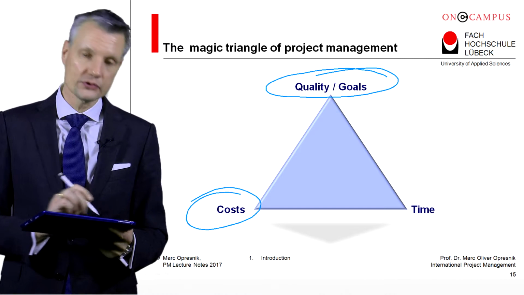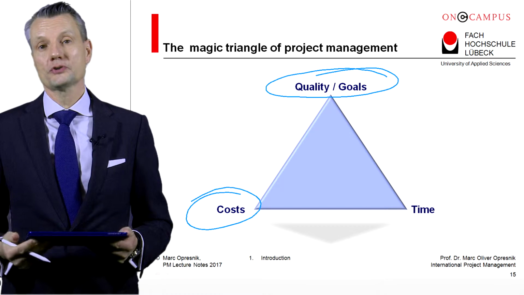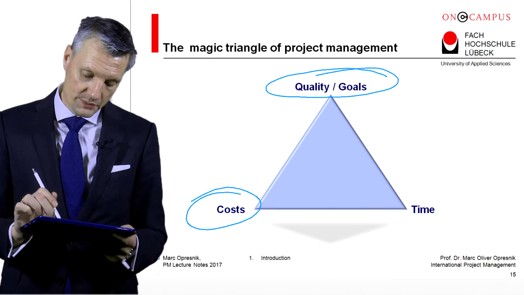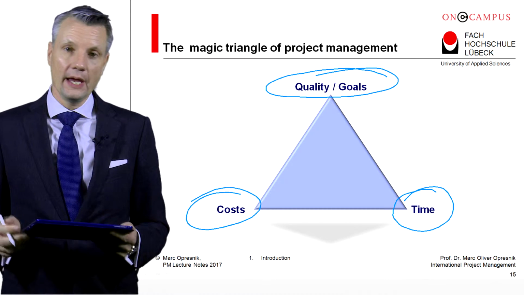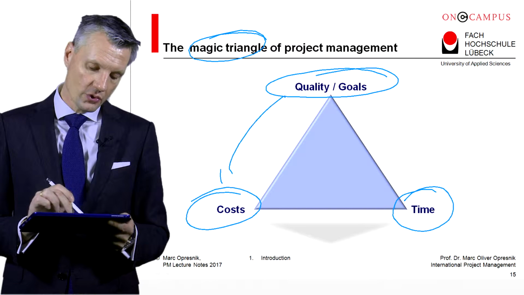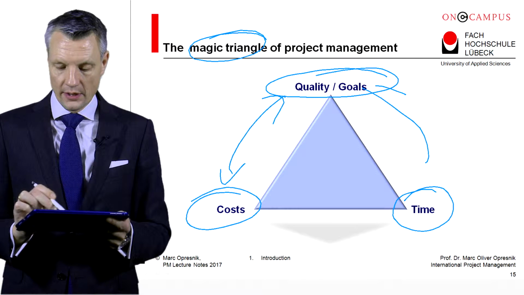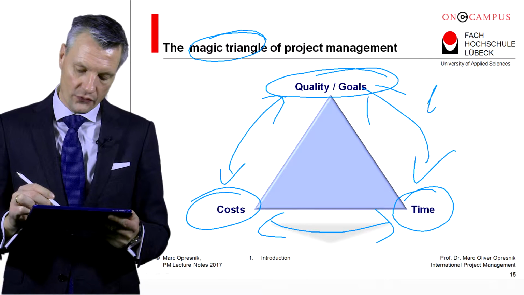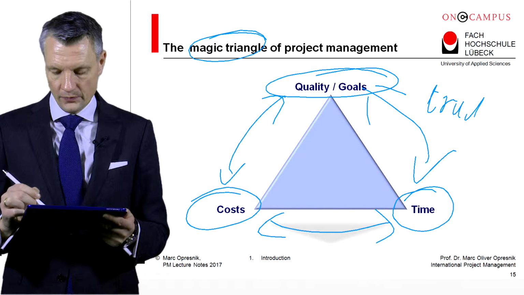Then we have costs, so this is the costs that are being involved by using resources such as people and the time. And this triangle is called magic triangle because the goals here are in a trade-off relation.